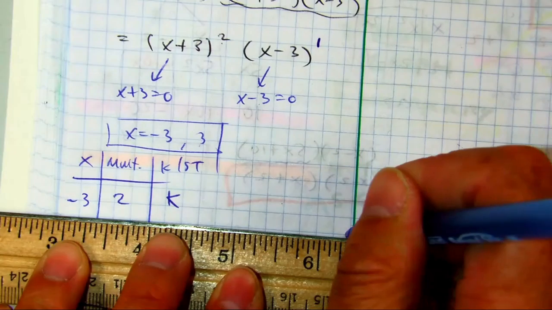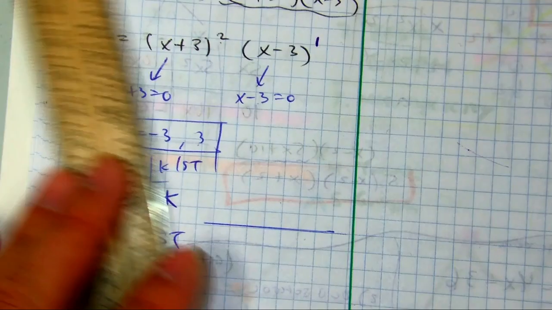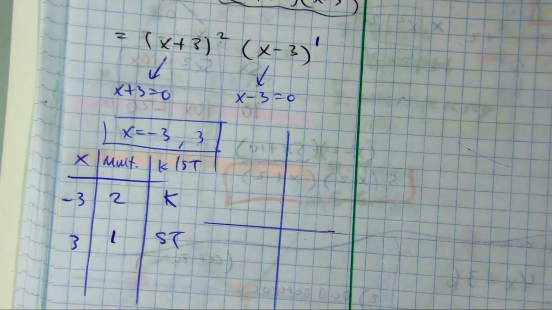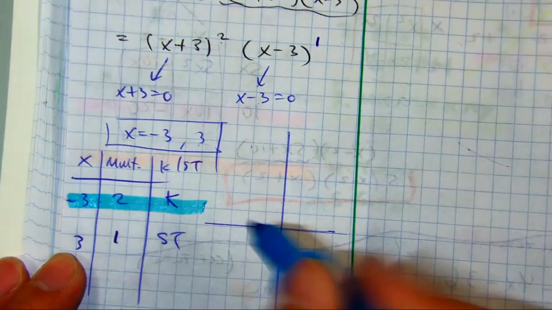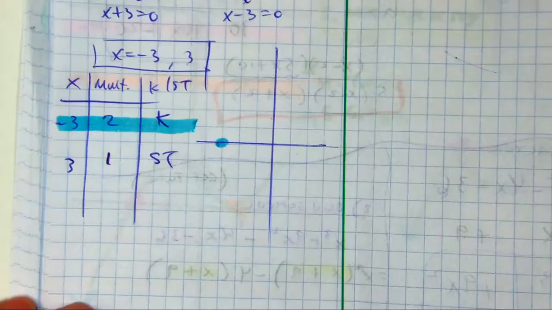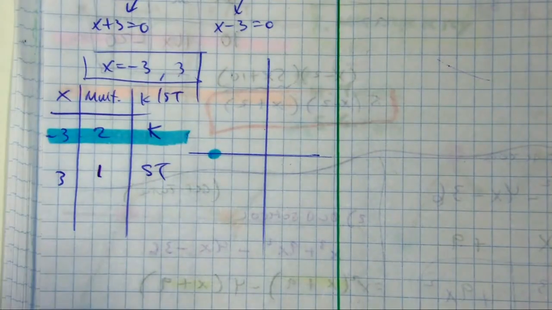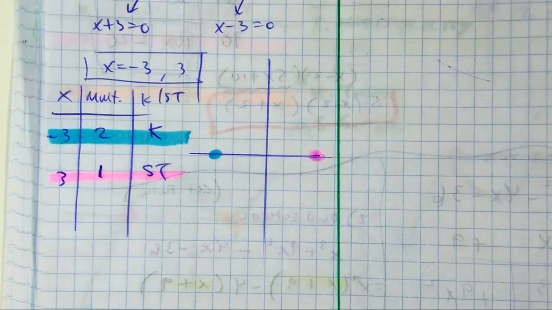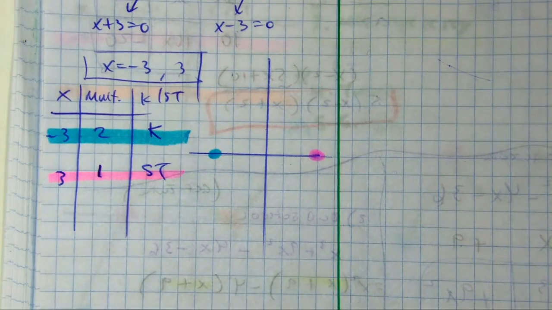Let's go ahead and draw a graph. So here is x equals negative 3. Let's go ahead and now in pink here, positive 3.